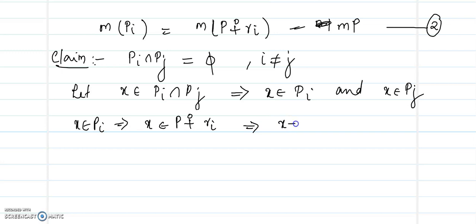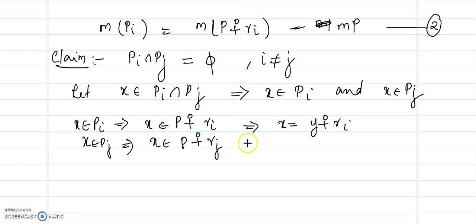That implies x is equal to y sum modulo 1 Ri, where y belongs to P. Similarly, if x belongs to Pj, that implies x belongs to P sum modulo 1 Rj. So that implies x is equal to z sum modulo 1 Rj.